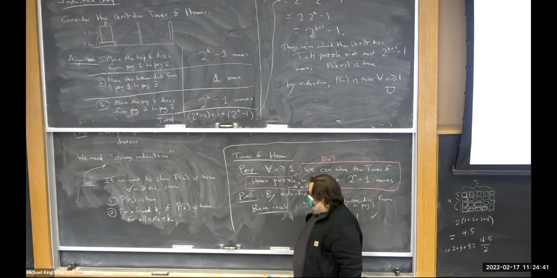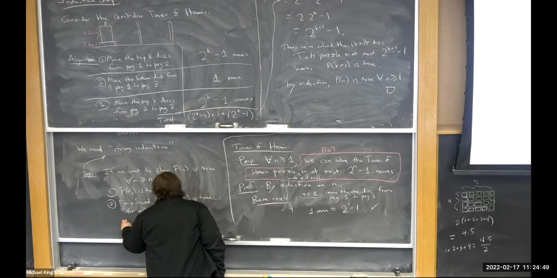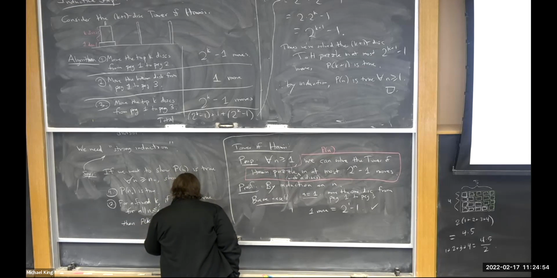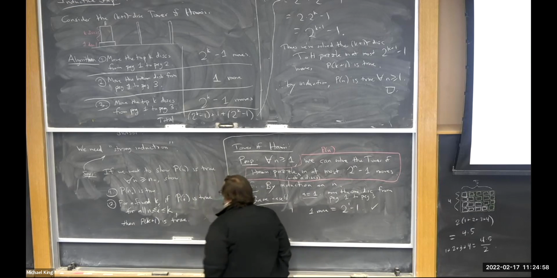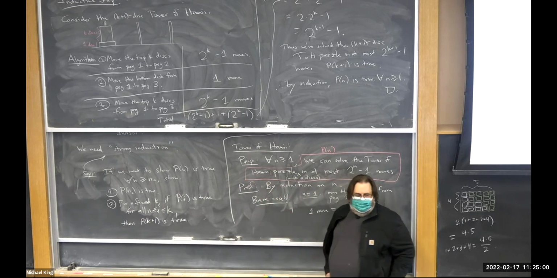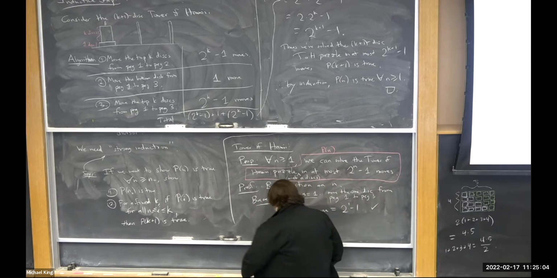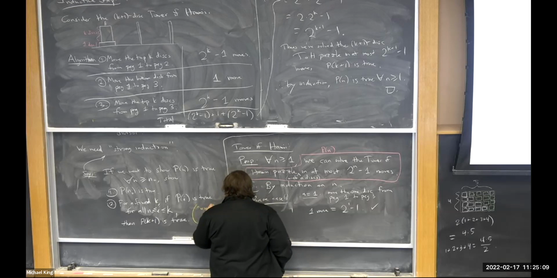You see what I'm saying? Like we're saying if P of i is true for all of those, then P of k plus 1 is true. So that's using all the previous steps, not just the one previous step.